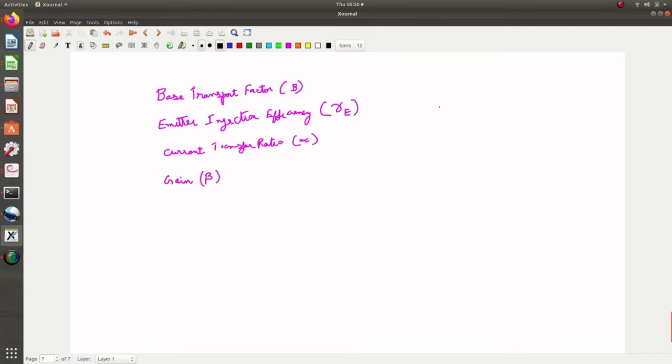Just remember the band diagram of the biased Npn transistor. I am redrawing it. The forward bias at the emitter base junction and the reverse bias at the collector base junction, and also the current components we know.